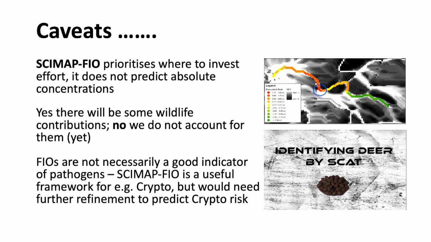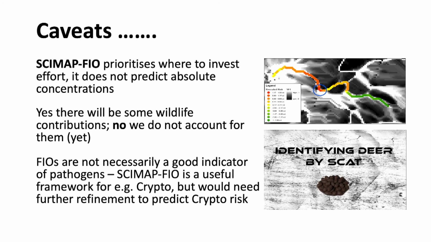There are some caveats that I need to tell you about. Obviously, this first one is hopefully obvious to everyone, in that this isn't about predicting absolute concentrations of E. coli. We're not trying to do that. We're just trying to prioritise effort where we need to in terms of low versus high risk.